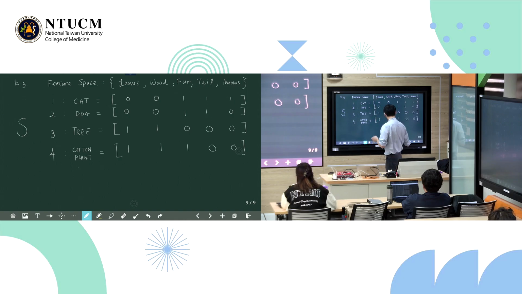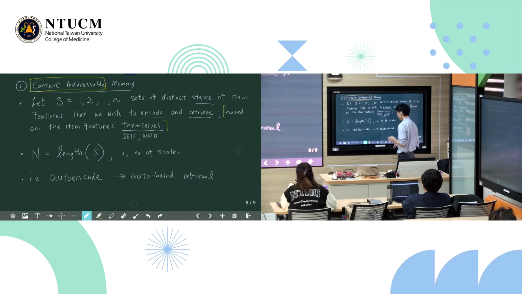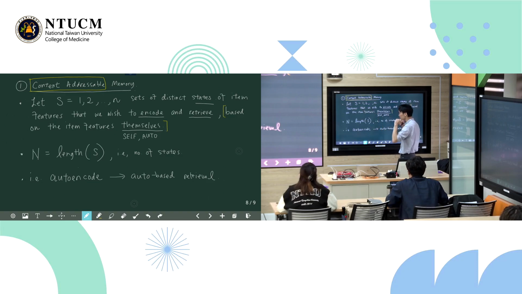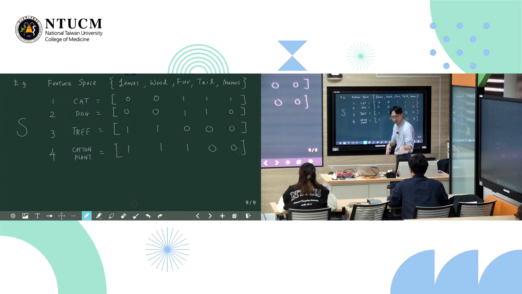So, let's go back. I have S distinct states, made of item features, and I want to encode these states. So what do I have to encode? These 4 different 5-bit words.